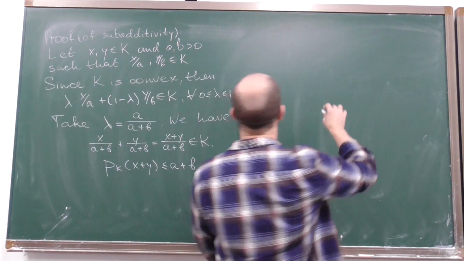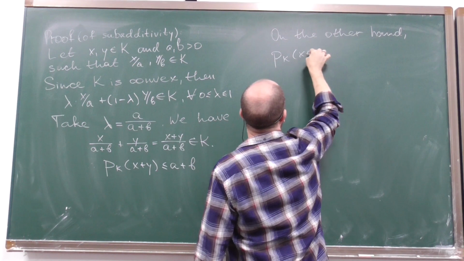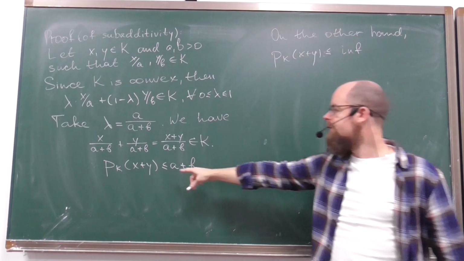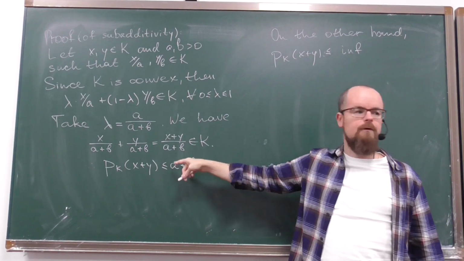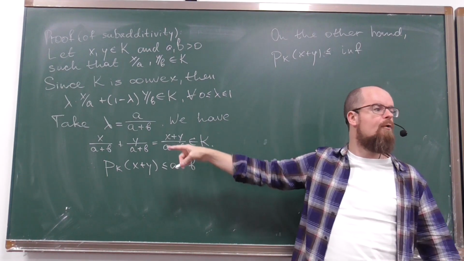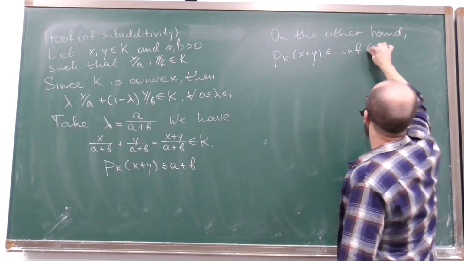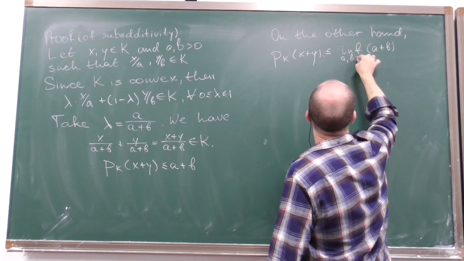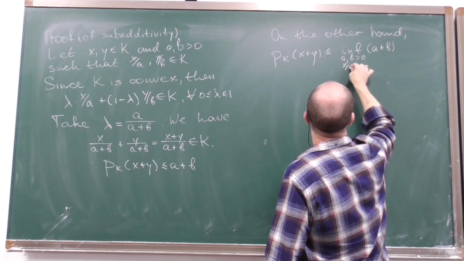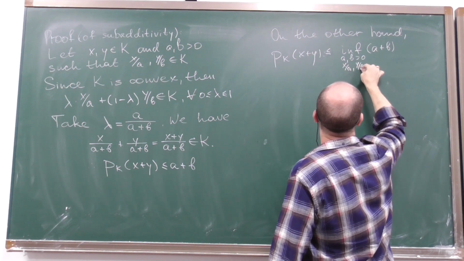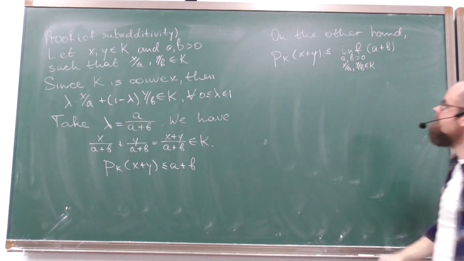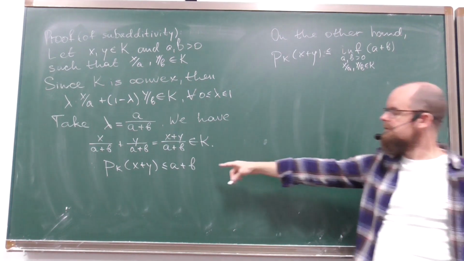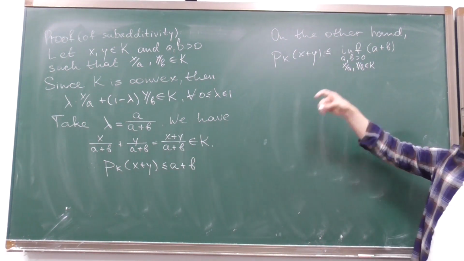On the other hand, p sub K of x plus y. So what I will do now is I will take this inequality and take the infimum of both sides of it. And the infimum will be over all a and b which are positive, and such that x over a, y over b belongs to K. So I have just taken this inequality and applied this infimum to both sides of it.